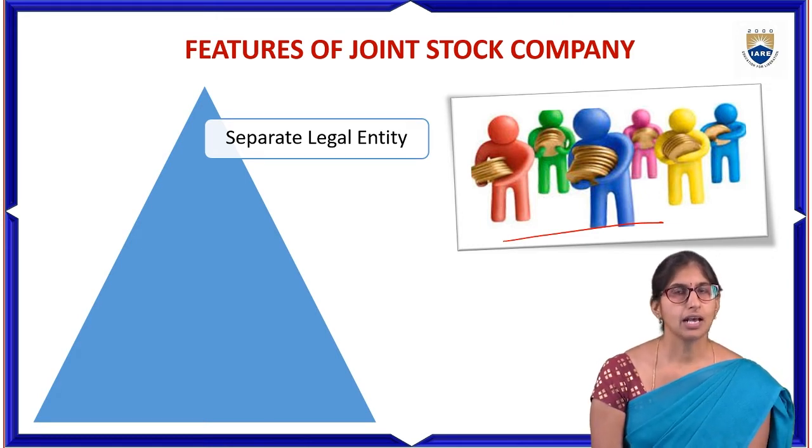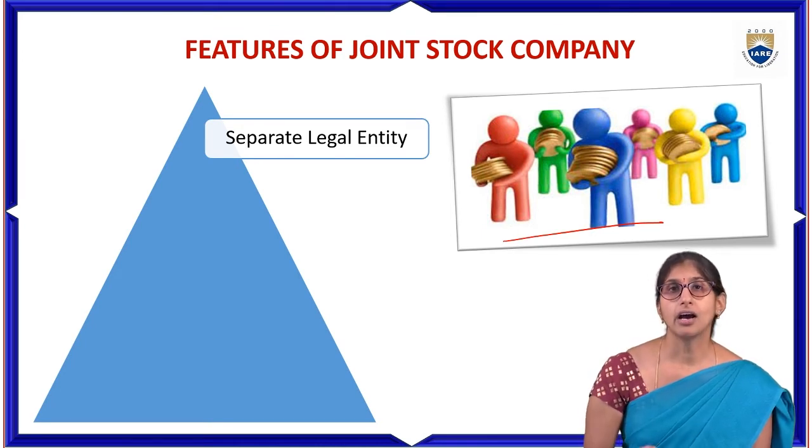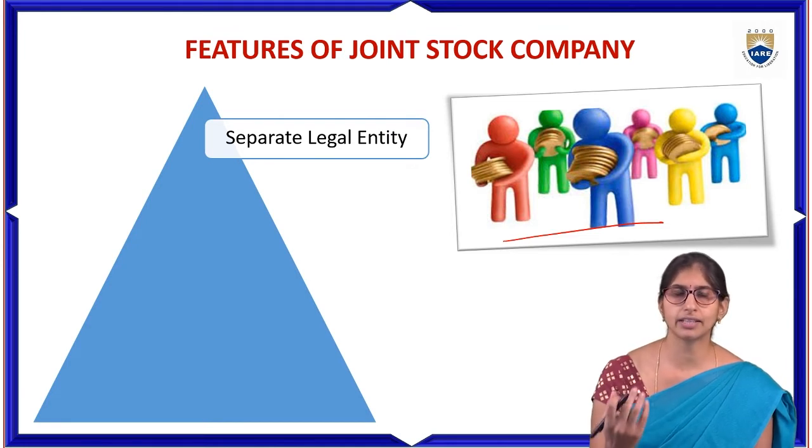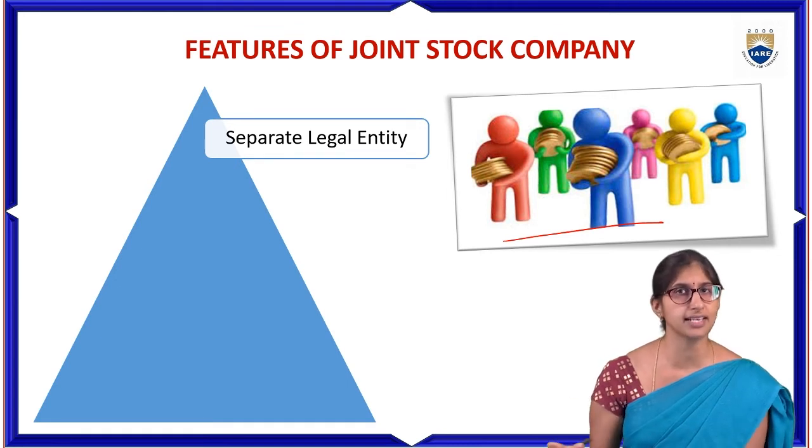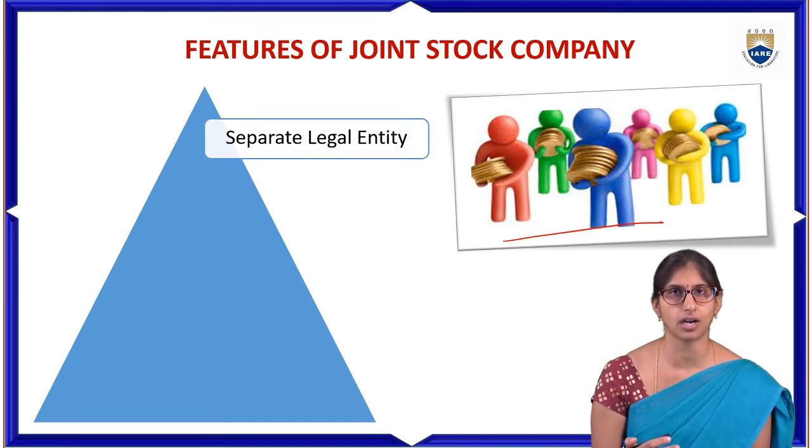As it is a separate legal entity, on the name of the joint stock company, it can own its own assets. It can buy something, purchase assets, on the name of that joint stock company.